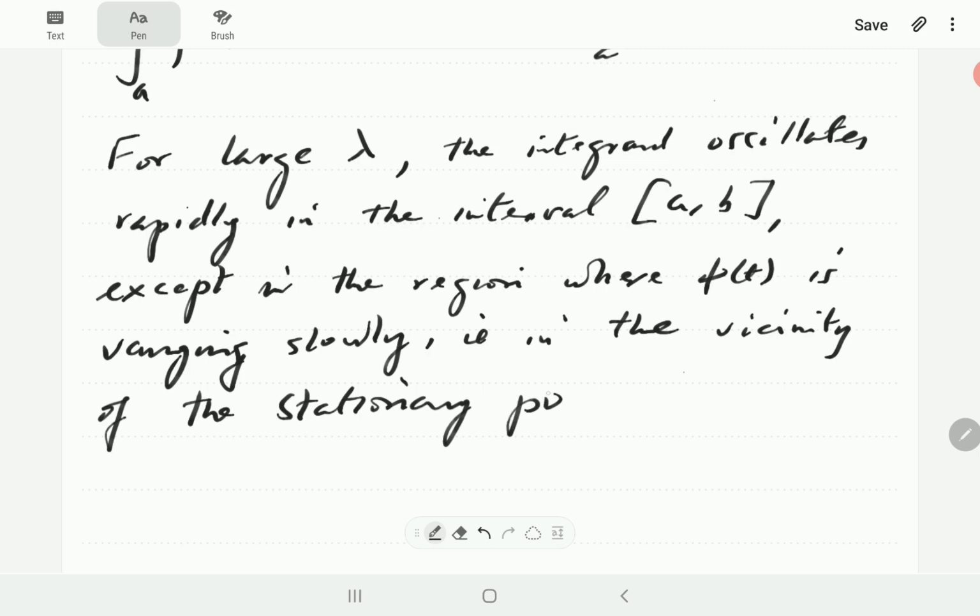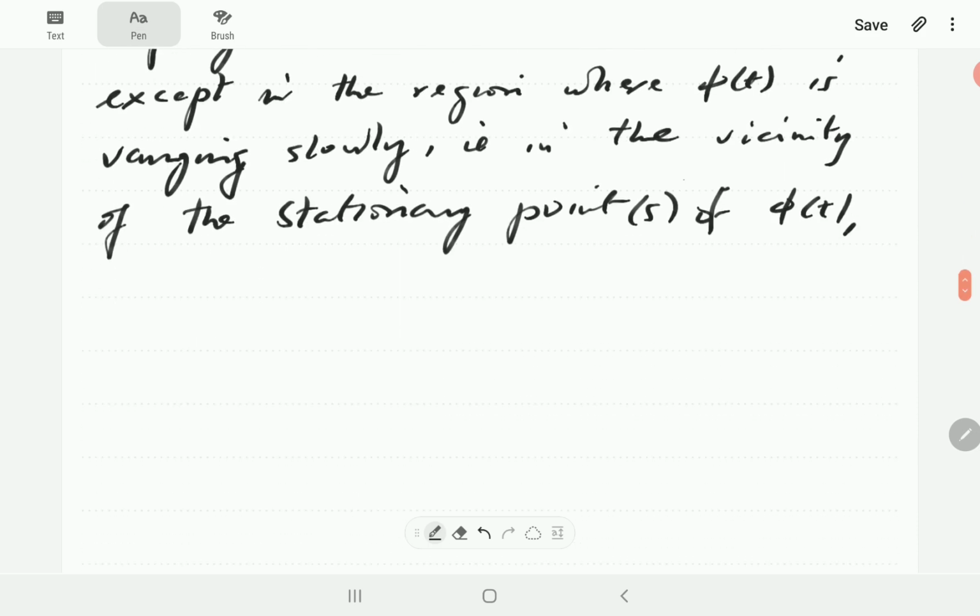Let's just assume there is one for now. So this vicinity is going to be called the points of stationary phase.